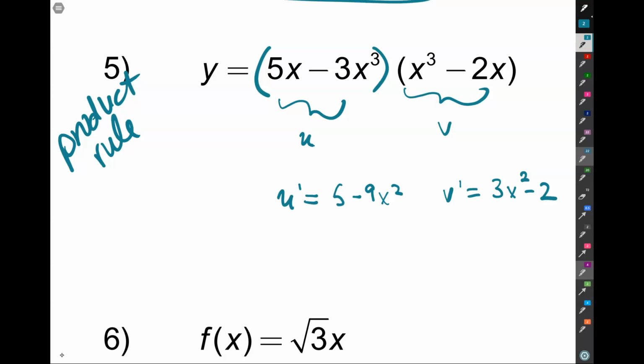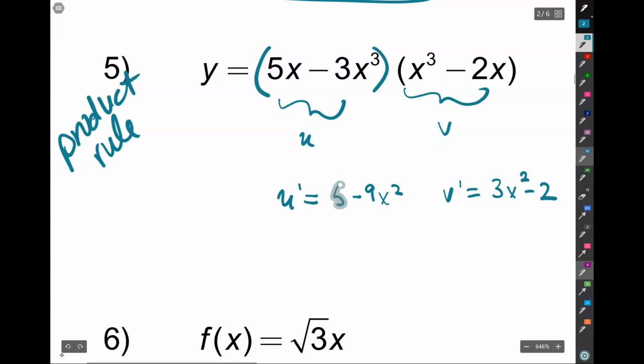But if the second one was like sine x instead, that doesn't really help you, because now you'll have to do power rule twice or product rule twice. So this one you'll get the same answer. I'm confident in your ability to FOIL, and then it's just like number 4.